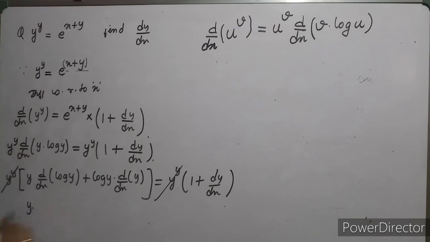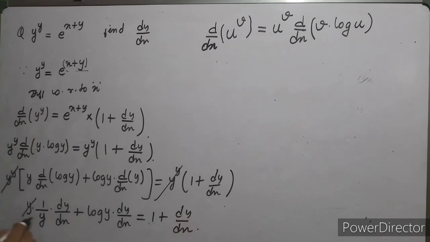It is y. Now over here we will get the derivative of log y. First you have to differentiate log, that is 1 by y, and derivative of y is dy over dx, plus log y into dy by dx of y is dy upon dx equals to 1 plus dy over dx. These two quantities get cancelled.